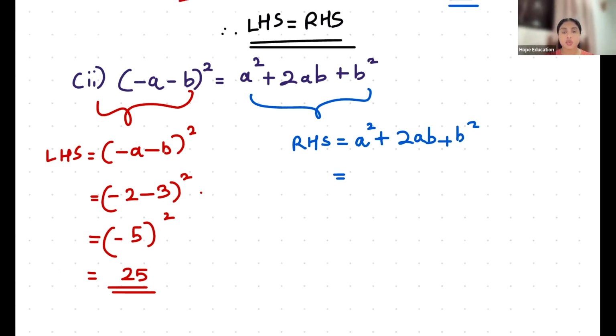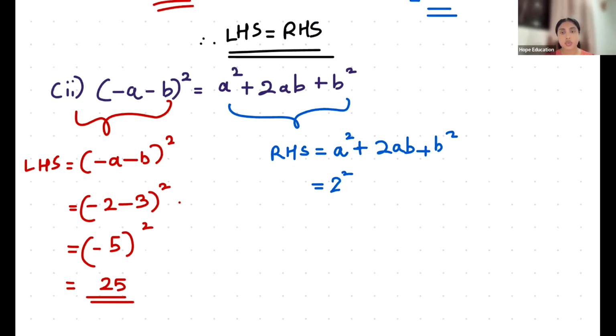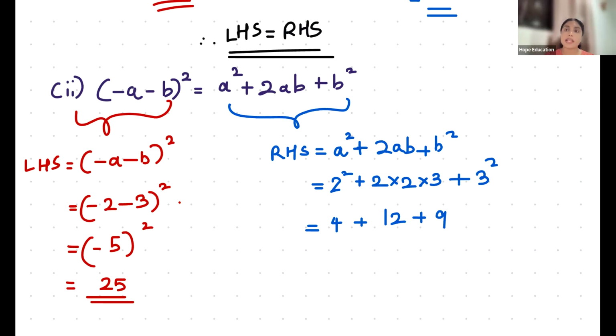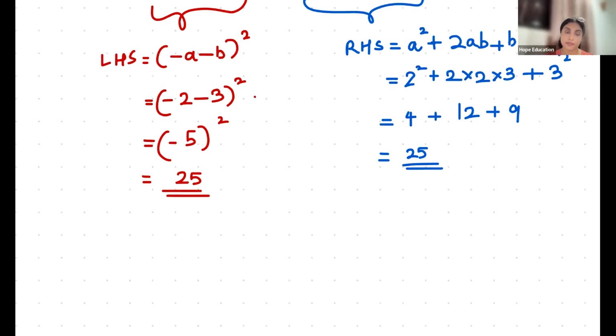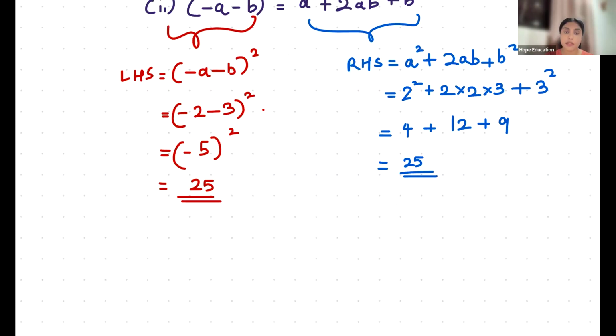So A squared means 2 squared plus 2 times A is 2, B is 3 plus B squared is 3 squared. 2 squared is 4 plus 2 times 2 is 4, 4 times 3 is 12 plus 3 squared is 9. 4 plus 12 is 16, 16 plus 9 is 25. See, left hand side and right hand side are again equal. Therefore, left hand side is equal to right hand side.